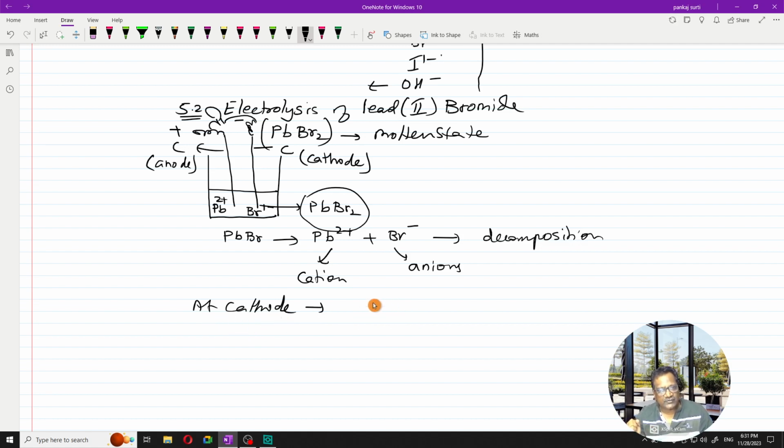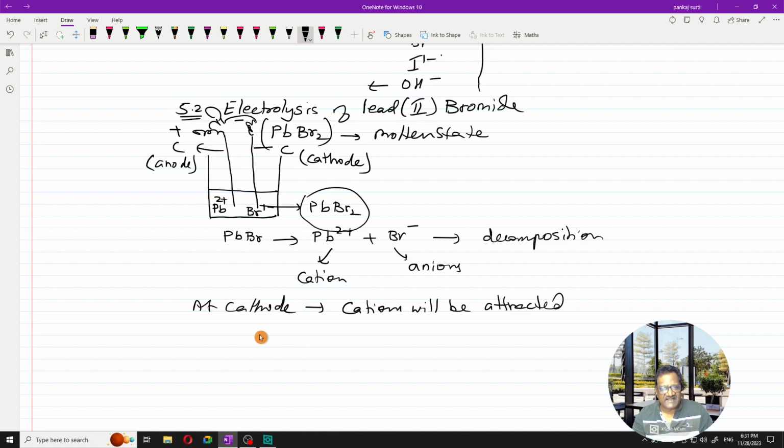So at the cathode, these cations will be attracted, for a simple reason that opposite charges attract each other. So cations will be attracted towards the cathode.